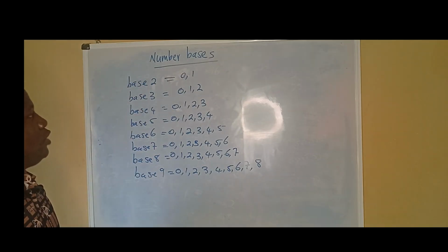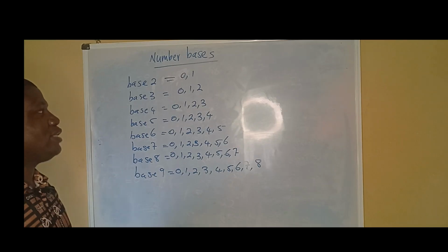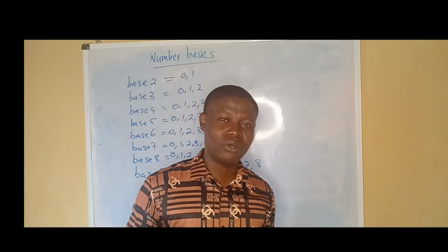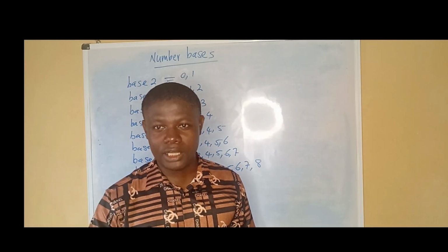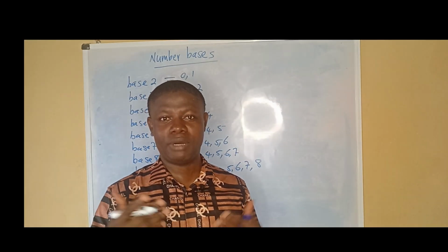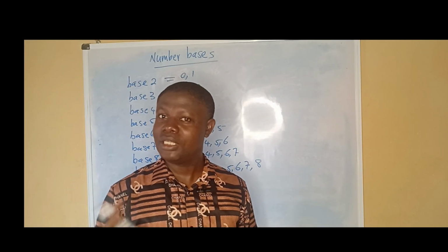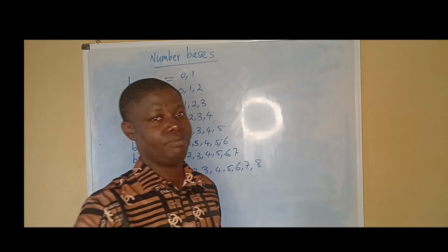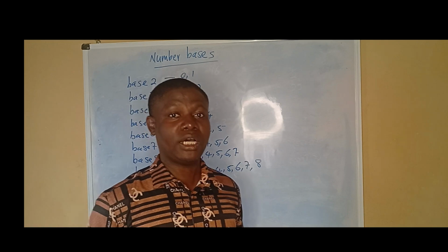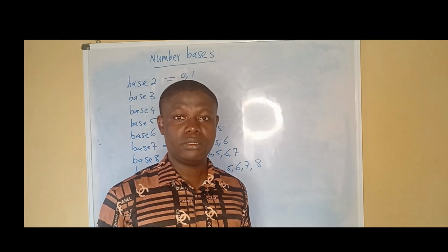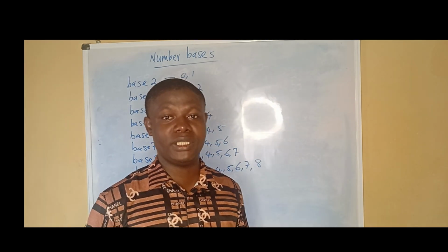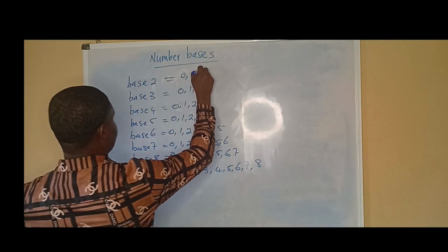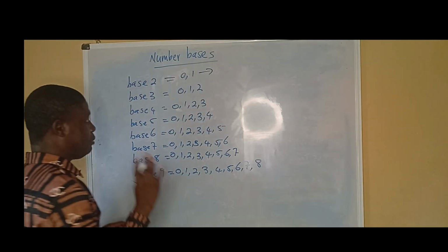You can see from here that numbers in any given base are always one less than that given base. You must have heard about base 10. When you hear base 10, we are talking about our normal everyday numbers, the numbers we use in everyday communication. Base 2 is a special base.